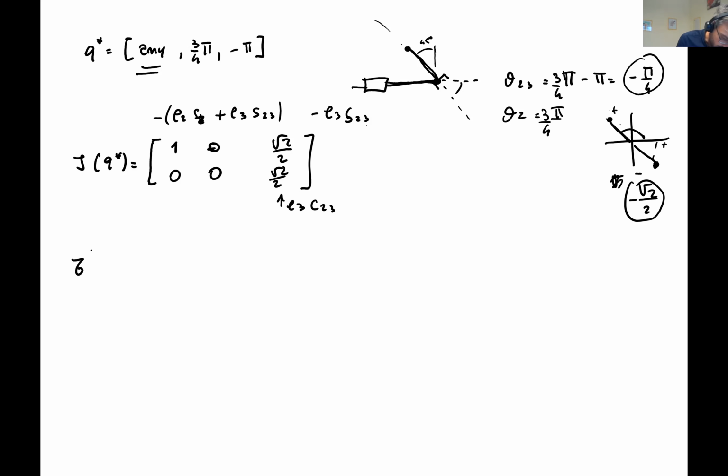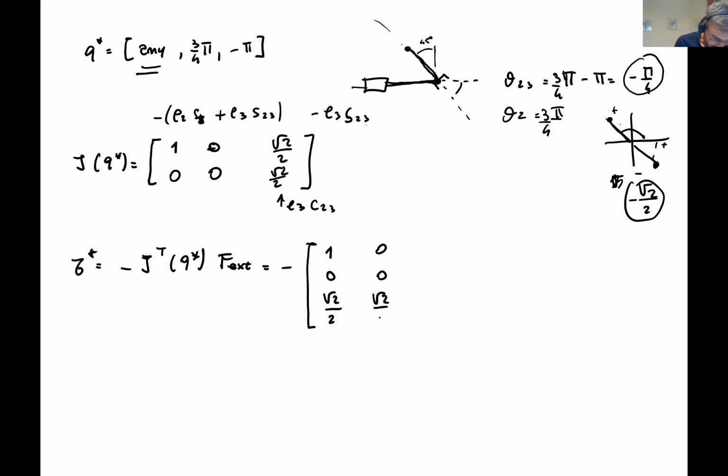Now, if you want to compute the torque relative to that external force, we apply the static principle of virtual works, and we get the Jacobian transpose times Fx. This is in essence 1, 0, square root of 2 divided by 2, and 0, 0, square root of 2 divided by 2, times our external force Fx.